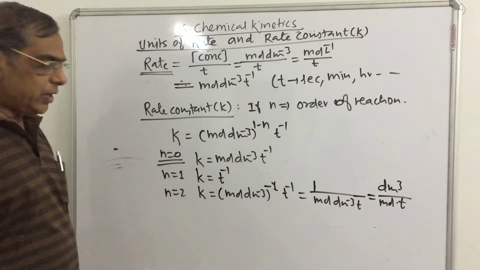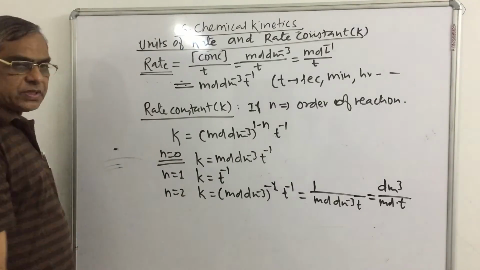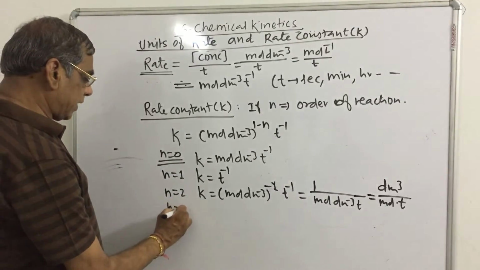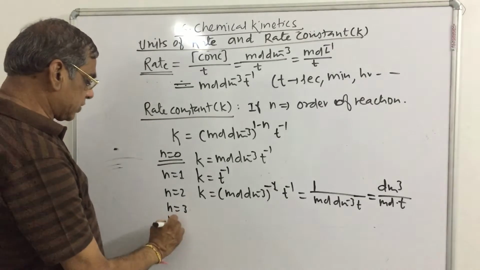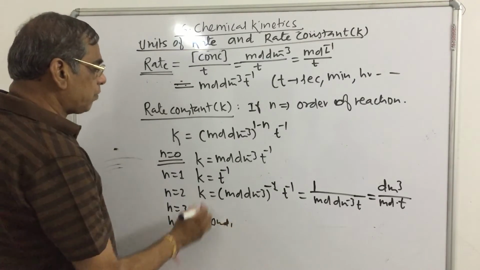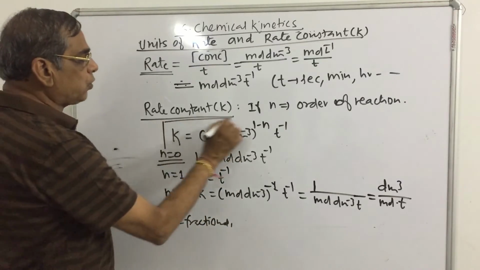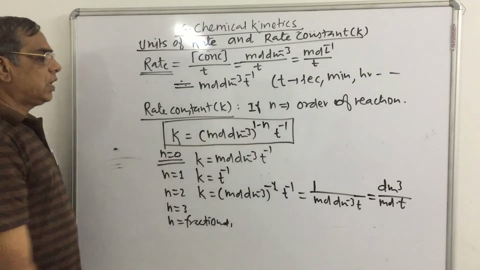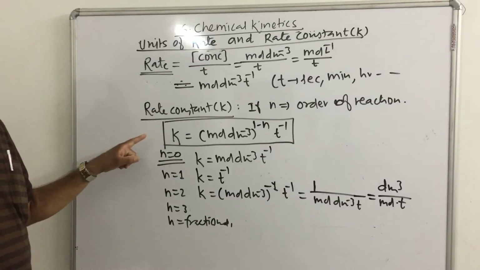By using any one unit you can express the unit of a second order reaction, just like for a third order reaction, or for a fractional order. By using this formula you can calculate the unit of a rate constant K.